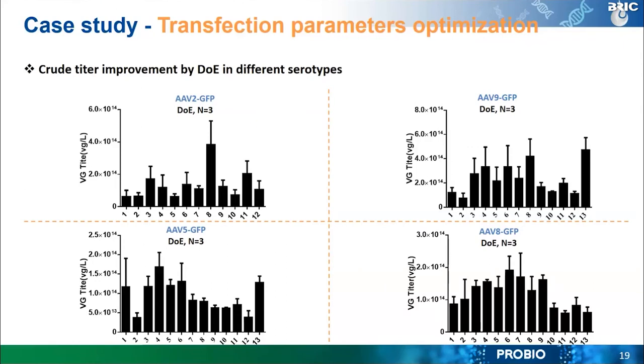As I mentioned before, serotypes 2, 5, 8, and 9 are most widely investigated, so we mainly focus on the process development of these 4 serotypes and optimize the key parameters by DOE to improve AAV titer in different serotypes. You can see our titer is significantly increased after optimization.